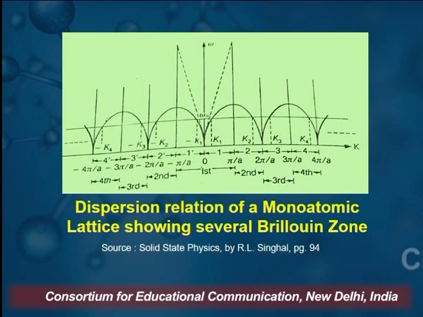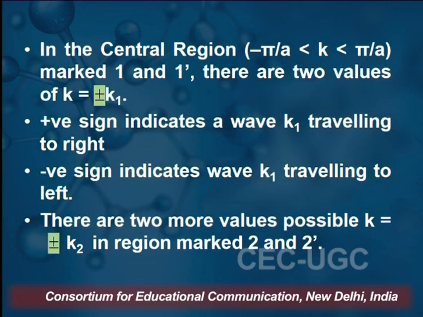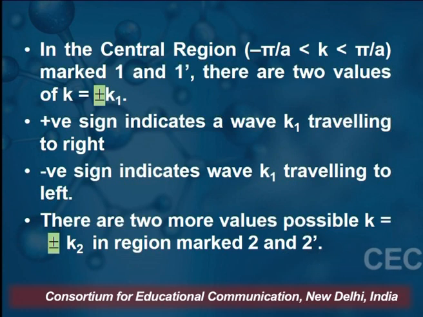In the first Brillouin zone region, that is minus pi by a to plus pi by a, two values of k1 are allowed solutions. The positive sign indicates a wave travelling along the positive x direction, that is, travelling to the right. The negative sign indicates a wave k1 which is travelling to the left.